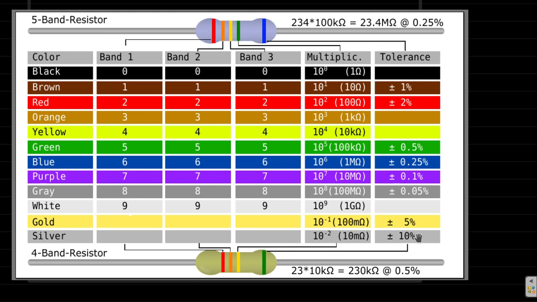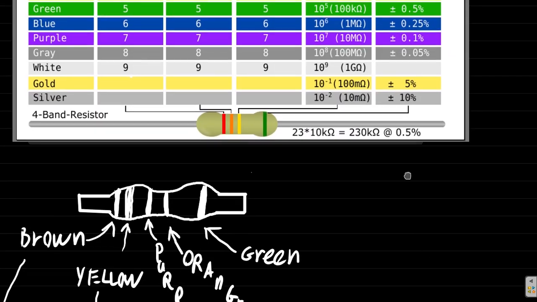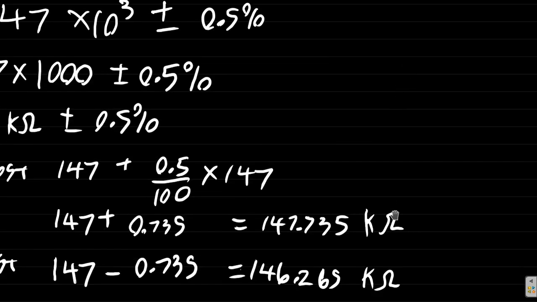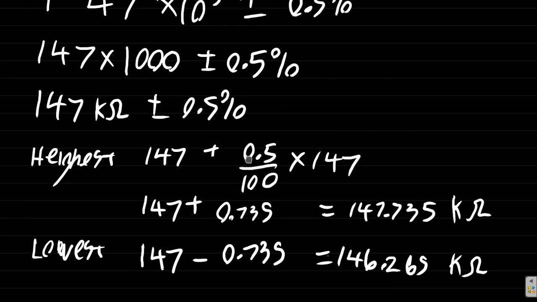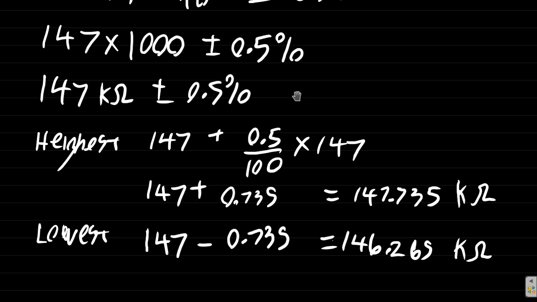You have to spend more time and resources to make such a narrow band of tolerance than a higher tolerance, allowing it to be so much higher or so much lower. Alright, but our answer here is 147 kilo ohm plus or minus 0.5%. See you in the next video.